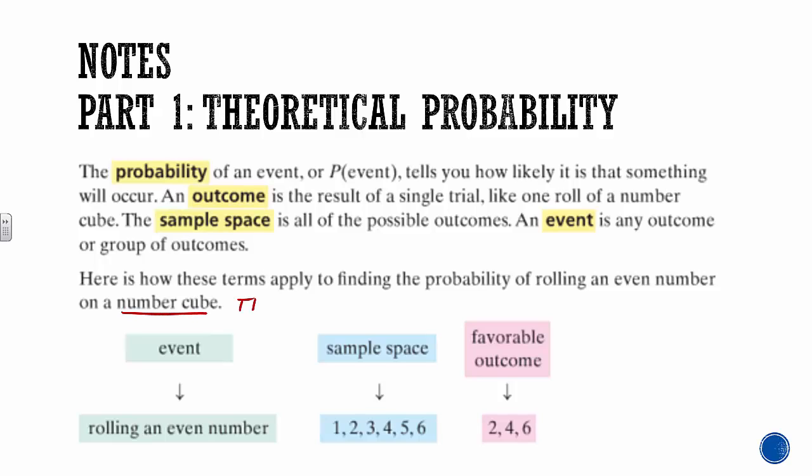This is just a die, or dice, we like to call them, like 1, 2, 3. So the event is rolling an even number. Your sample space, remember, is all your possible outcomes. So on a number cube, we have the numbers 1 through 6. The favorable outcomes, the ones that we want, are 2, 4, and 6.